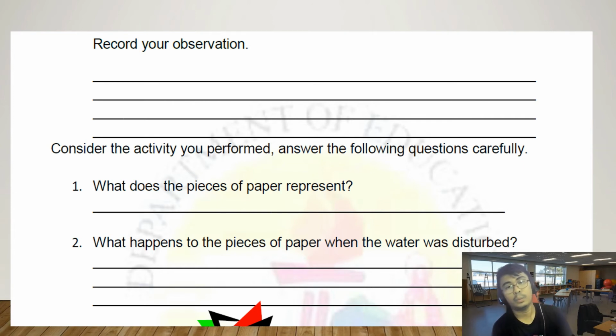If you have conducted this activity, we can answer the following questions carefully. In your answer sheet, I want you to answer these 2 questions. First, what do the pieces of paper represent? And number 2, what happened to the pieces of paper when the water was disturbed? Those 2 questions are very easy to answer. You can do that, my dear students.